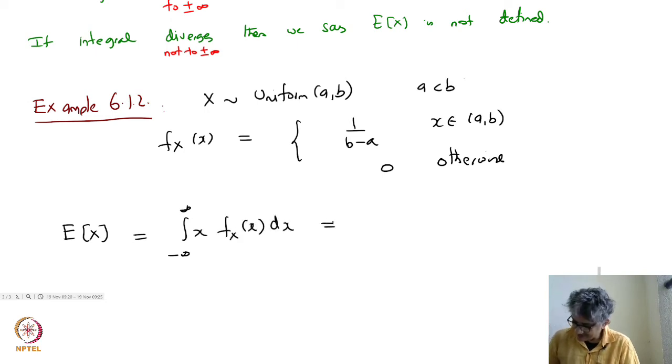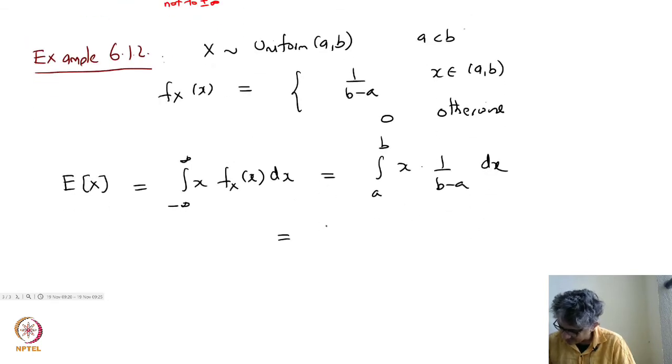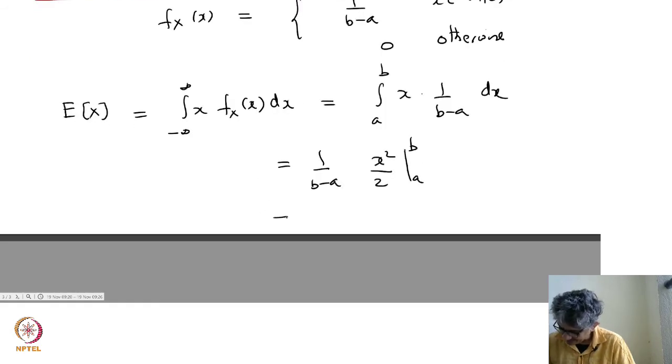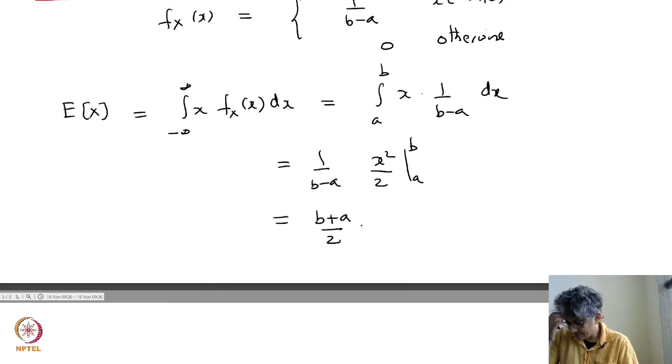Now the density is positive only in (a, b), so it's going to be the integral from a to b of x times the density, 1 over b minus a, dx. That's just 1 over b minus a times x squared over 2 from a to b, and if you rewrite it, that's just going to be (b plus a) over 2. So the mean of the uniform is (a plus b) over 2.